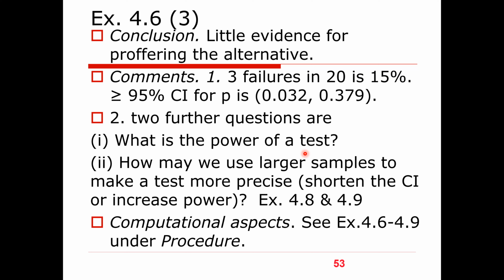More precise means we can get a shorter confidence interval, or we can increase the power of the test. The textbook gives the answer through two examples, example 4.8 and 4.9, but we don't extend those two examples in detail, and this is not required in our exam. But if you have interest, you can read more about it.